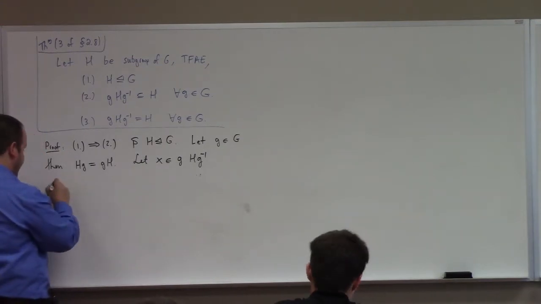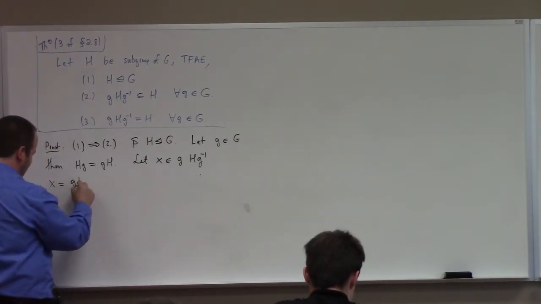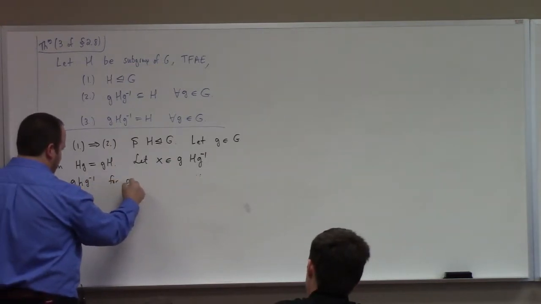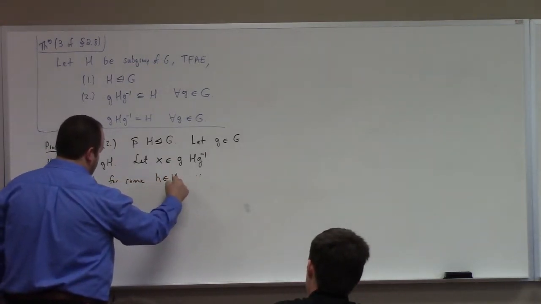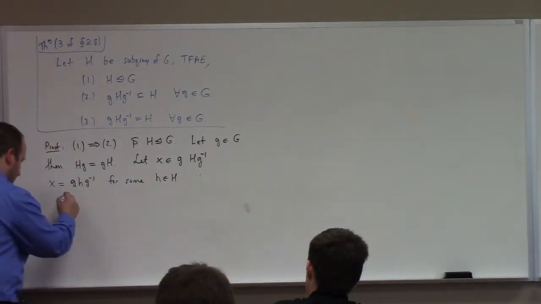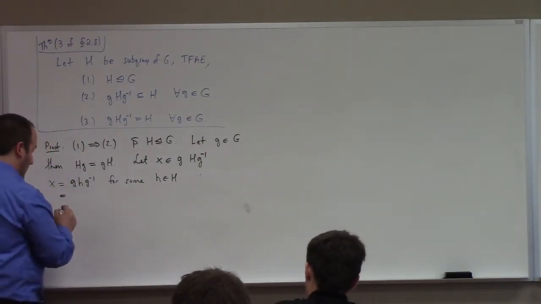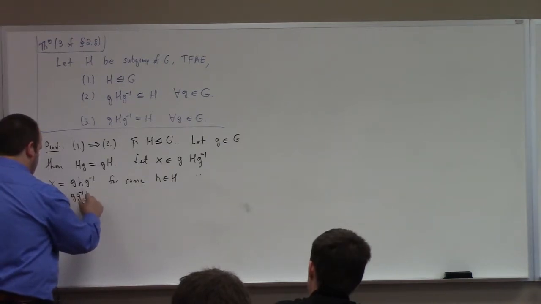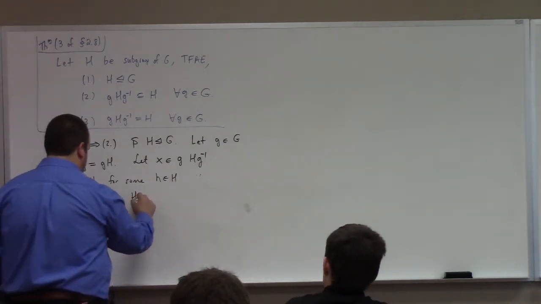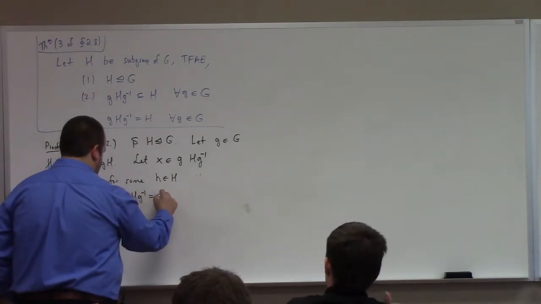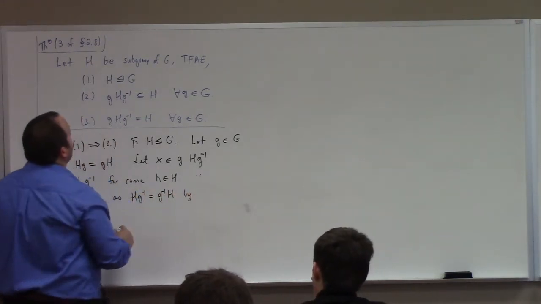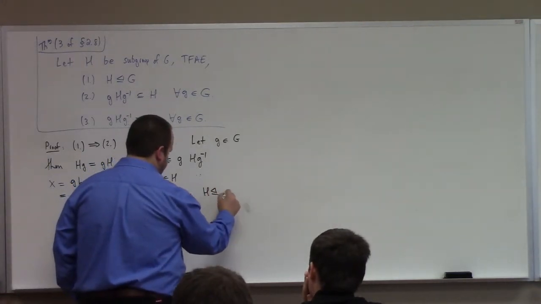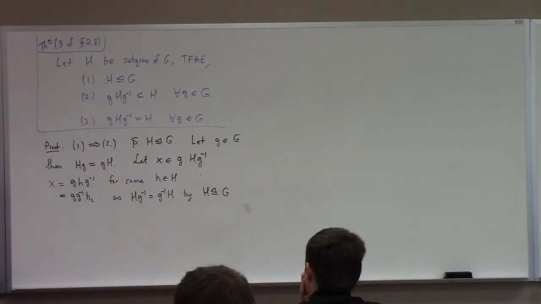So that means what? x is equal to g h g inverse for some h in H. But this is equal to g g inverse times h2, as hg inverse is equal to g inverse h by normality of H. The thing is, I also have left and right cosets are matching for g inverse.